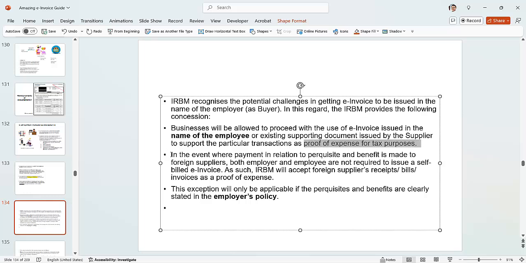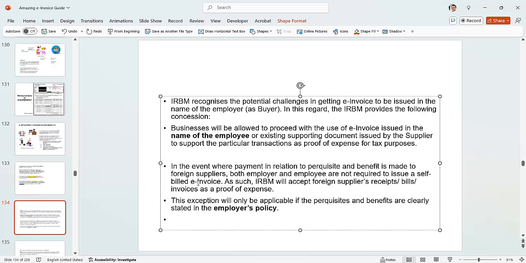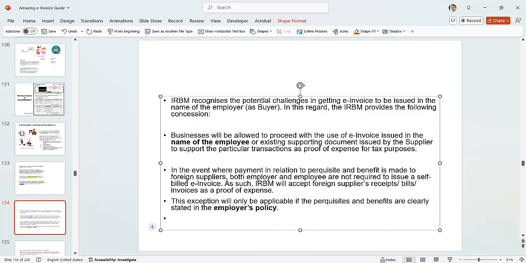So everybody goes to the gym to keep healthy. Yes, but it needs to be in the name of the employees. In the event where payment in relation to prerequisites and benefits is made, the invoice has to be issued in the name of the employee.